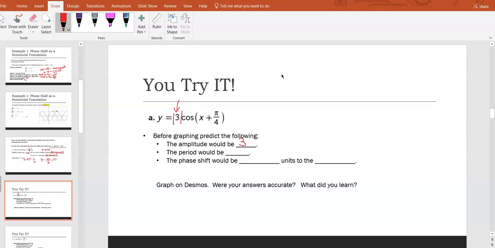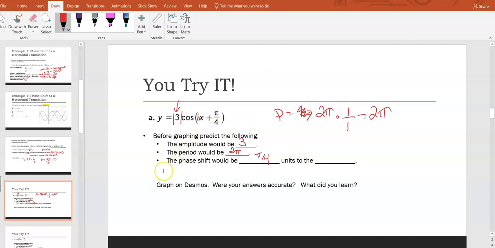And the period, remember, we look at whatever's in front of the x, so b is 1, and we take 2 pi times the reciprocal of b, which is 1 over 1, so it really doesn't change, right? So that's 2 pi. And then the phase shift is plus pi over 4 units.